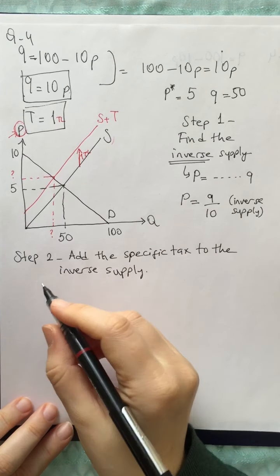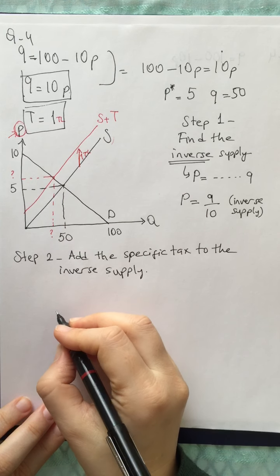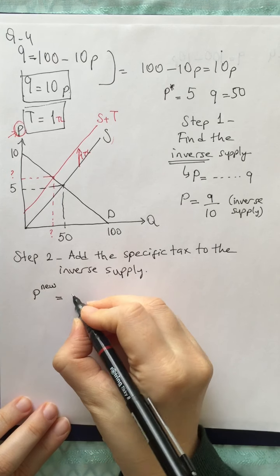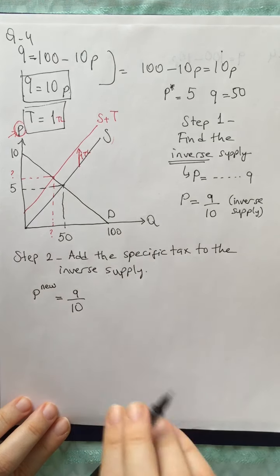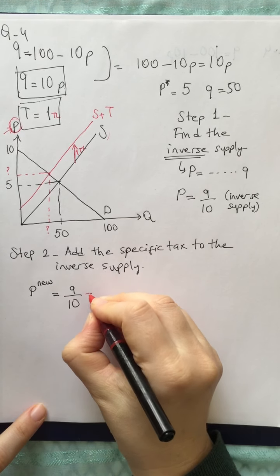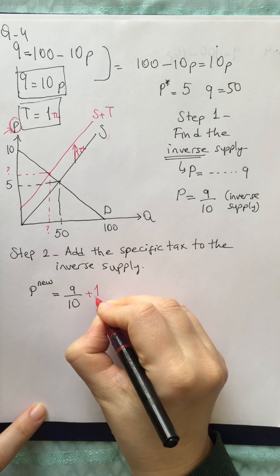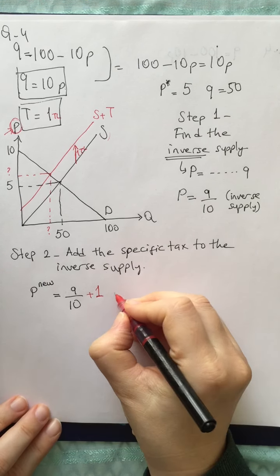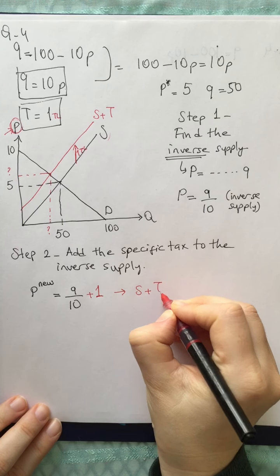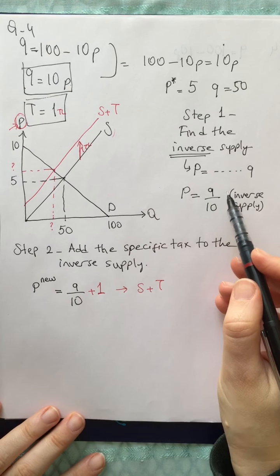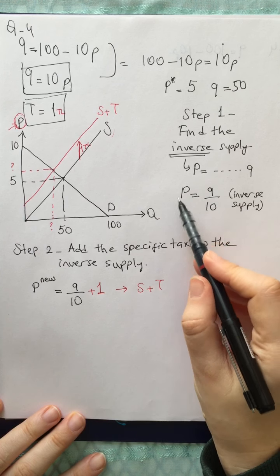So the red supply function, let's say P new, the red one, is the old one, Q over 10, plus specific tax, plus 1 lira. Q over 10 plus 1. So that is our new supply function S plus T in our graph. We are adding, please notice, we are adding the specific tax into the price.